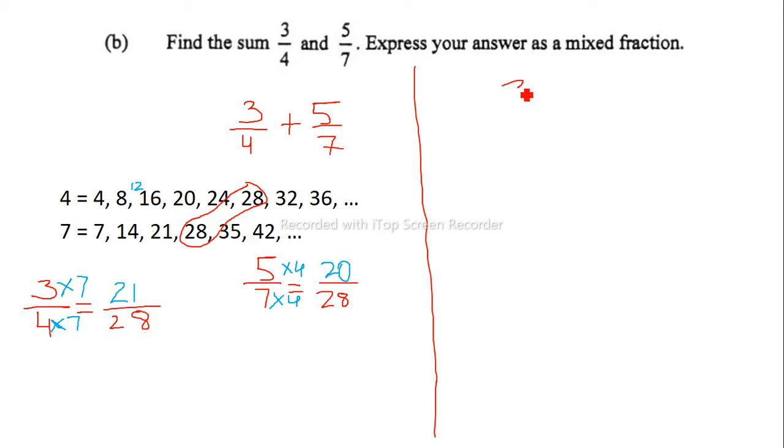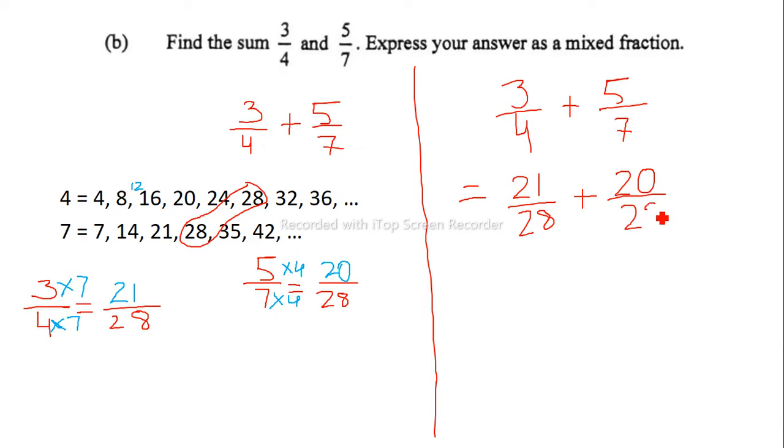So we say that 3 over 4 plus 5 over 7 is going to be equal to 21 over 28 plus 20 over 28, is going to be equal to 21 plus 20, which is what? 41. 41 over 28.